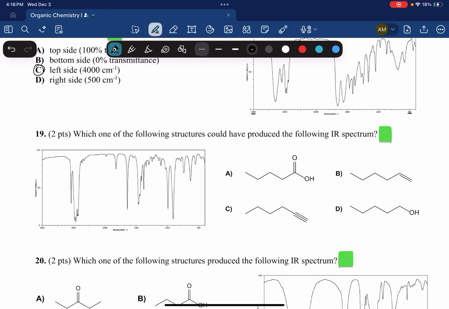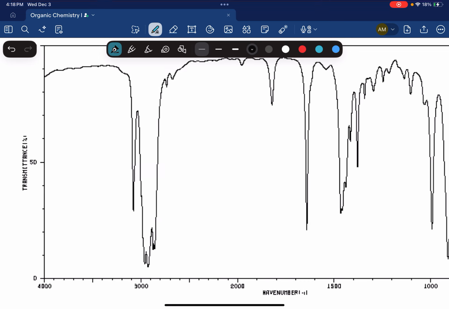Okay, which one produced the following IR peaks? So you guys will get an IR. Here, let me go to it. We're looking for a peak, right? Relatively at 3,000.